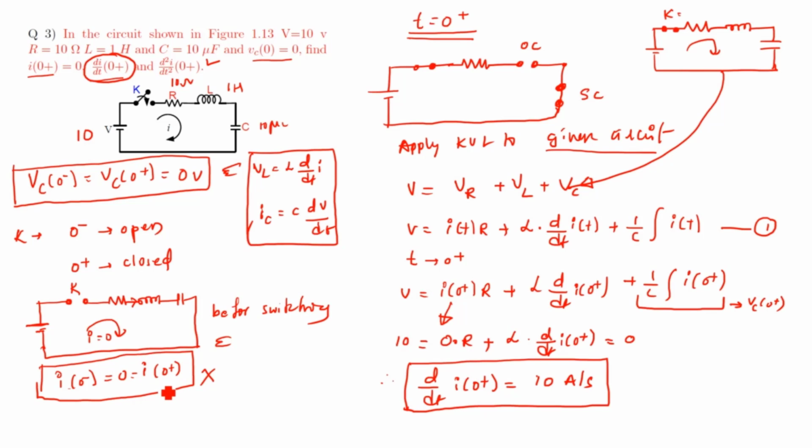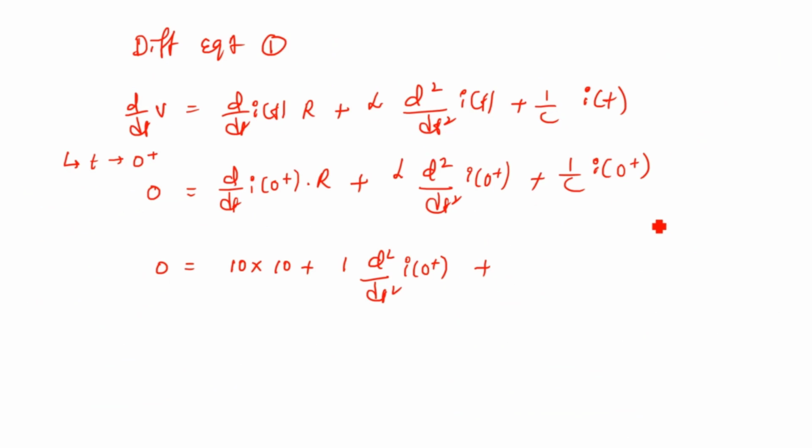I0 plus is 0, so 0 divided by C. Then simplify: d square by dt square of I0 plus equals minus 100 amperes per second square.